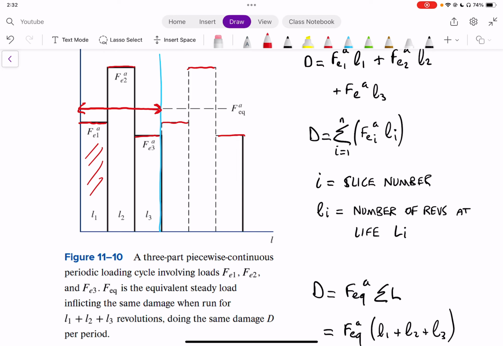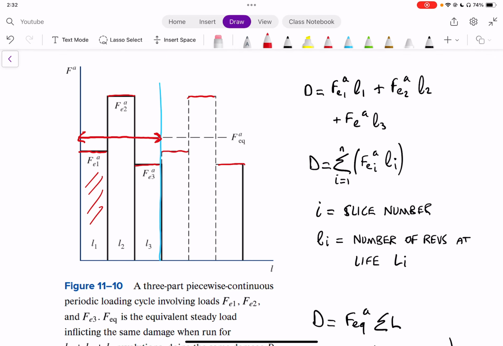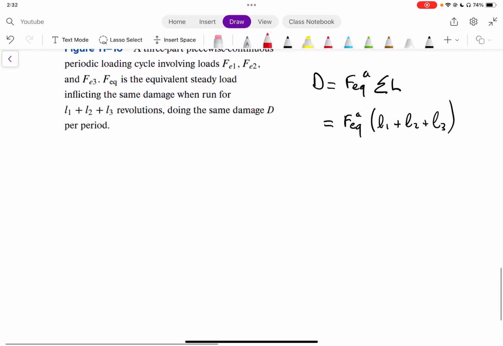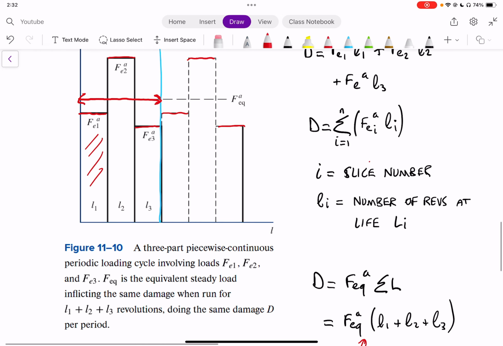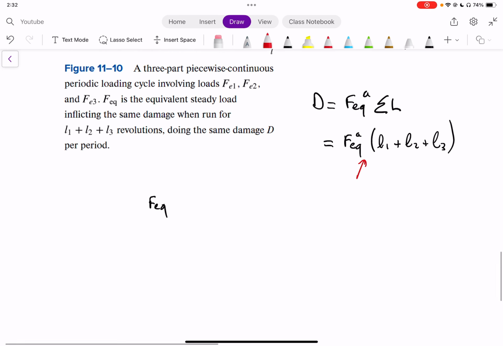We don't have the average force, but we can find it based on our mathematics and our piecewise approach. So by rearranging the equations, since damage is equal to this as well as this, we can equate those two equations and solve for Feq.